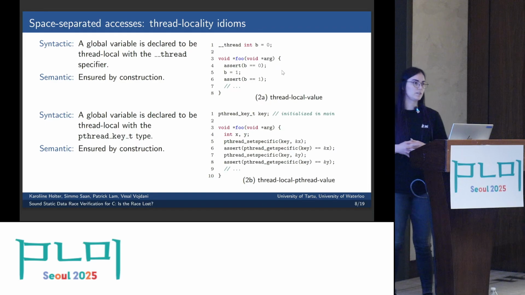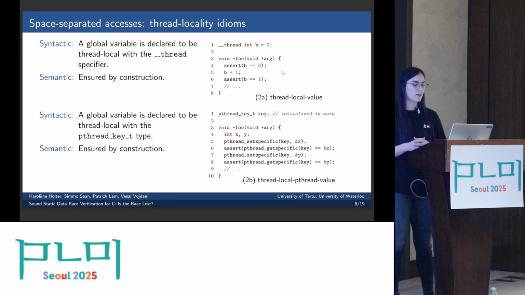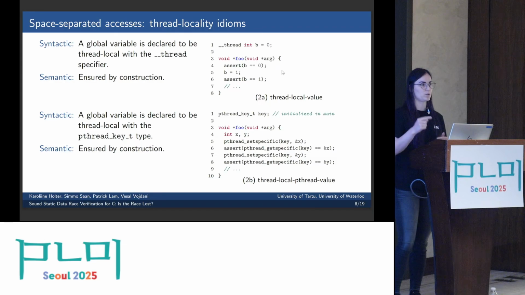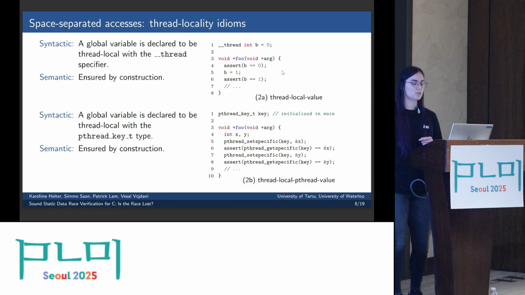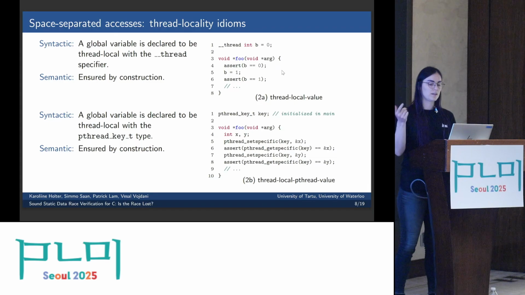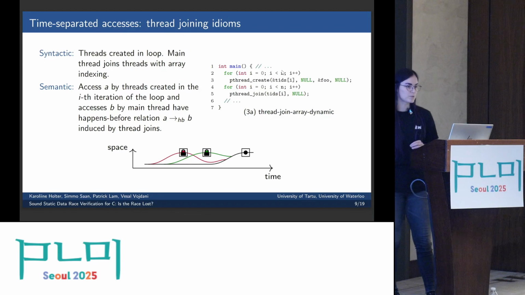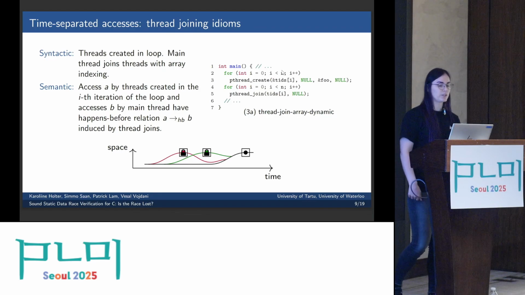And then there's another specifier from the pthread library called pthread_key, which can only store pointers, so there's an additional indirection here, but this is also ensured by construction, so each thread has its own copy that they can write to.